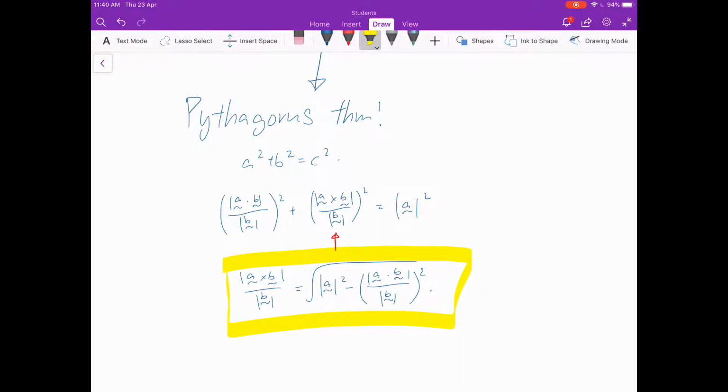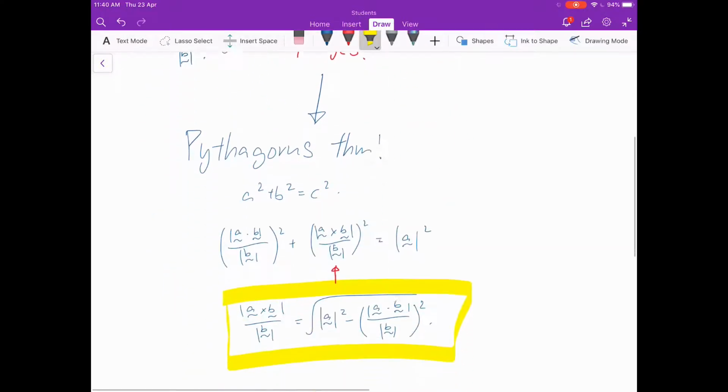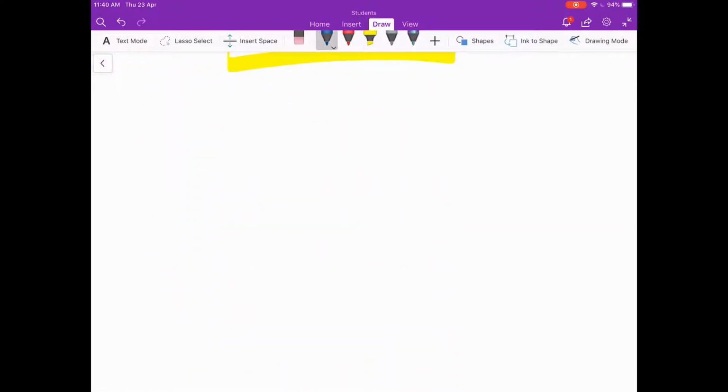So let us try an example. Okay, let's do an example. Suppose. Okay, and then here I can make my magic triangle. Here's the angle. Good, I'm putting my fingers here.